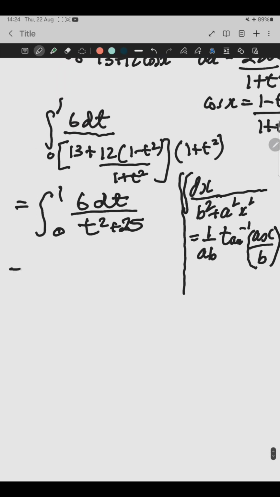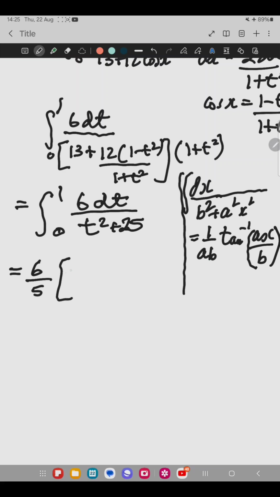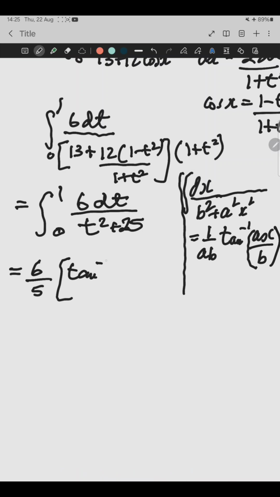So what this then becomes is 6 over 5, using all that, 1 over ab. The 6 is already there. The a times b is 5, and then that will be tan inverse x over 5, and the limits are 1 and 0.